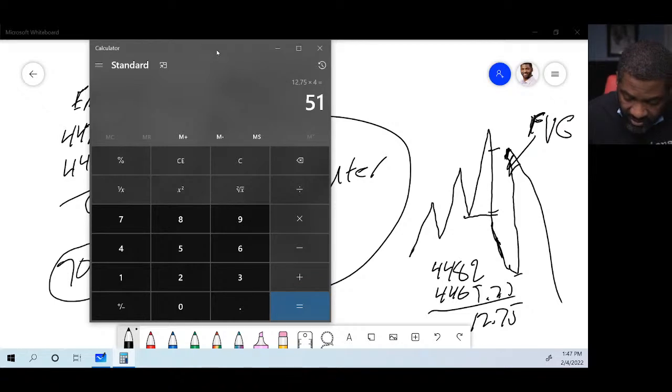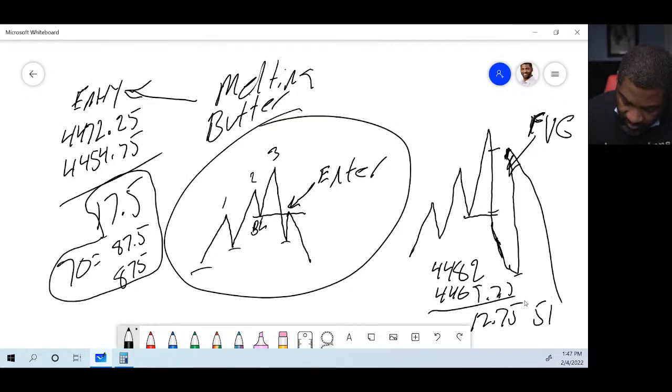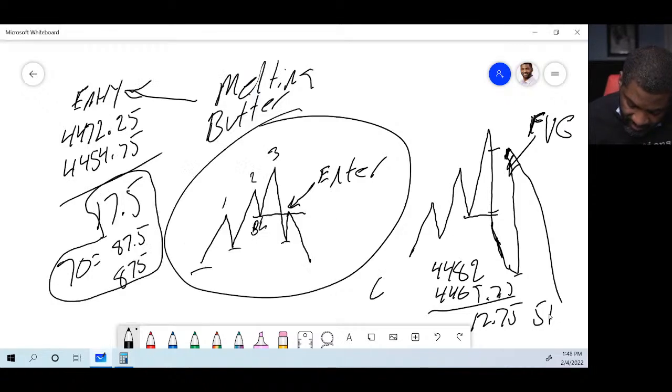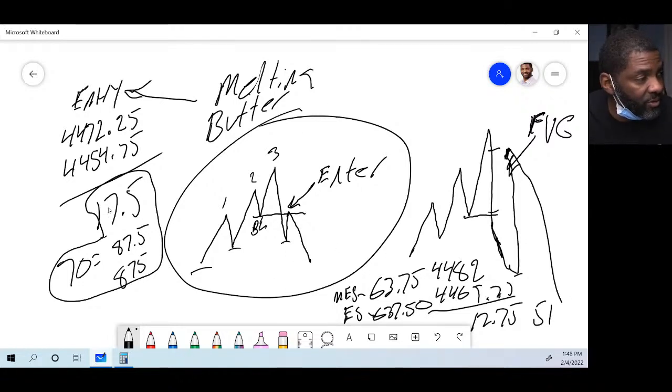That's 51 ticks. 51 times 1.25 is $63.75 on the MES and $637.50 on the ES. Right, so that's what those 2 trades paid, and that's 1 contract.